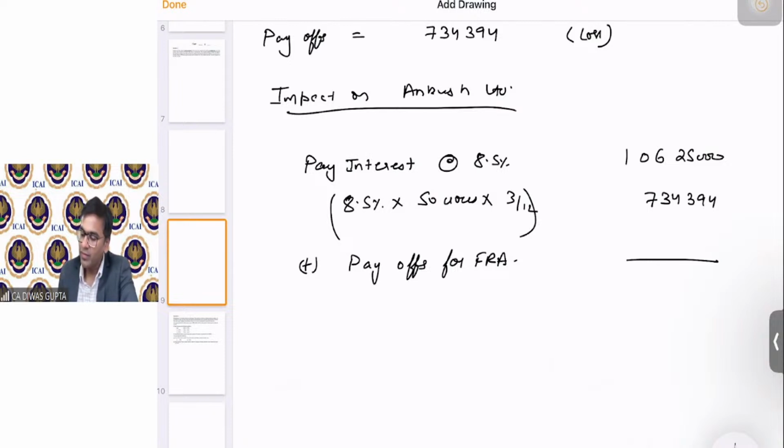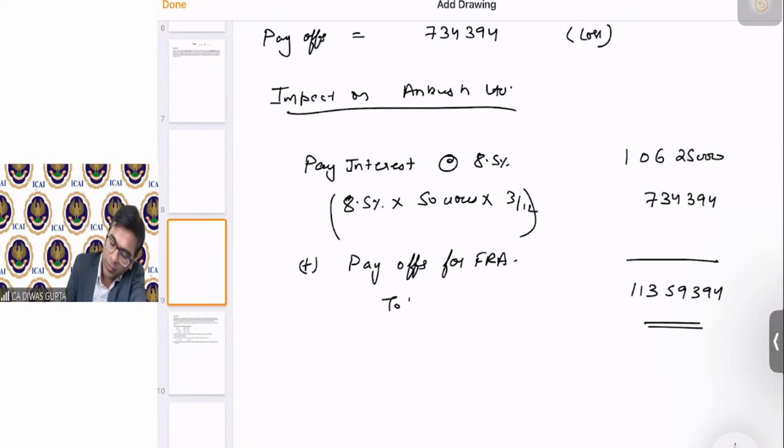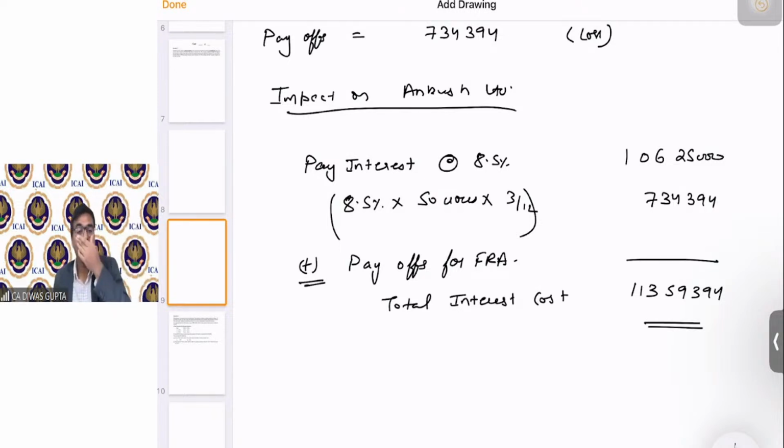So 1,06,25,000 plus 7,34,394 gives 1,13,59,394. This is the total interest cost. Students, please do remember in this case we have to add, correct? Because it is a loss to Ankush Limited. So hence on the original interest, we have to add this payoff. Okay.